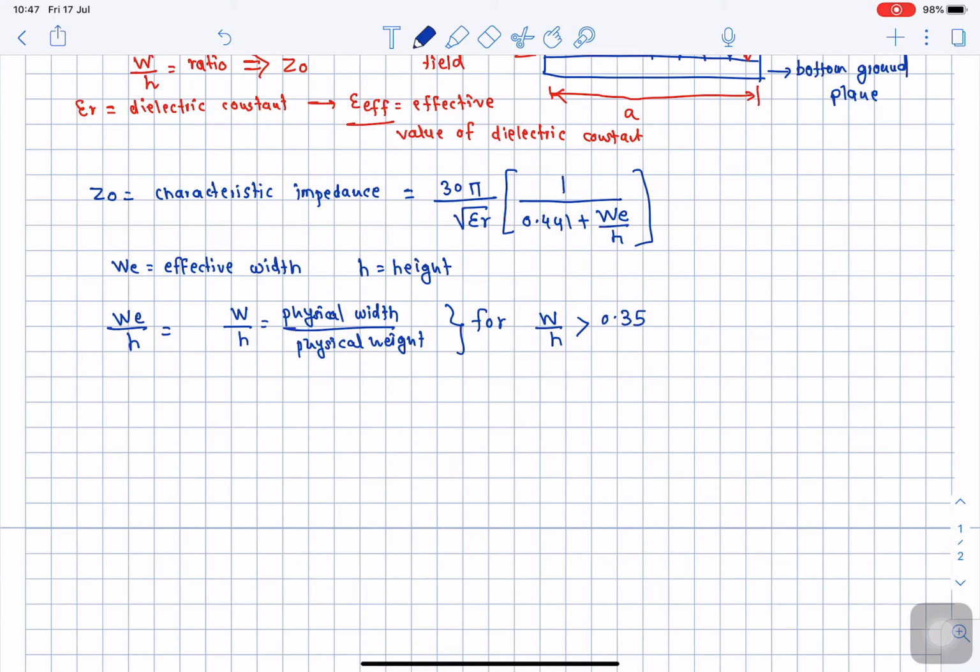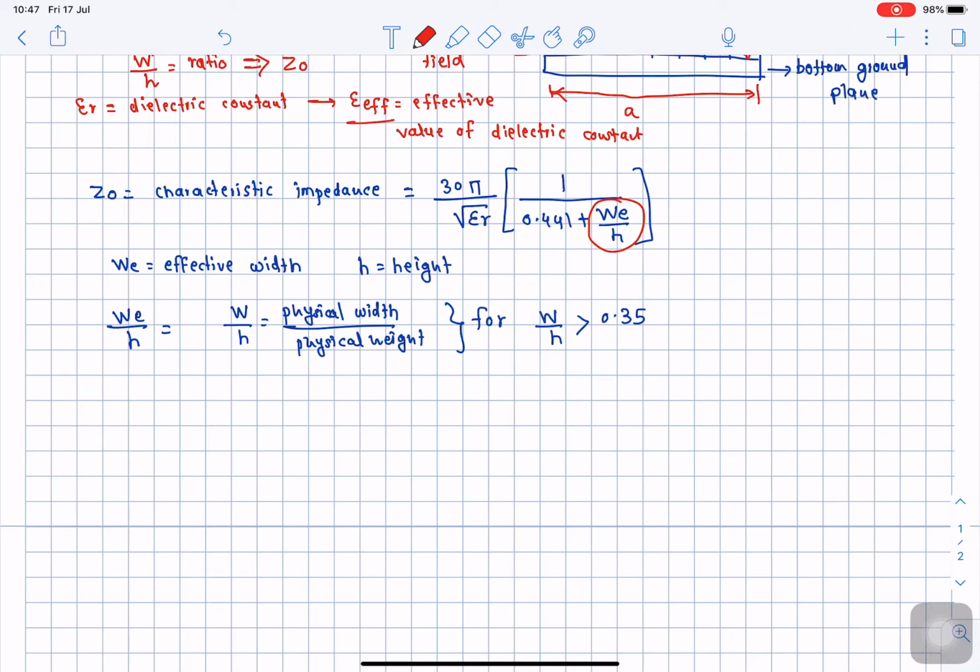So use this equation to calculate the effective width to height, the factor needed in the equation of characteristic impedance. The effective width to height is equal to the physical width to height when the width to height is found to be greater than 0.35.